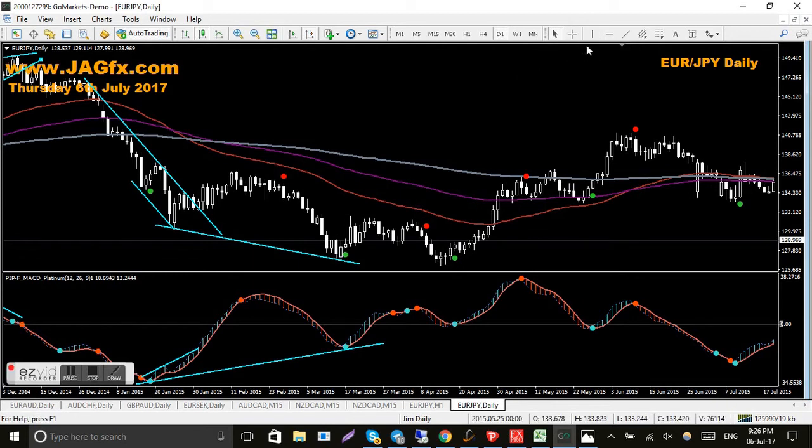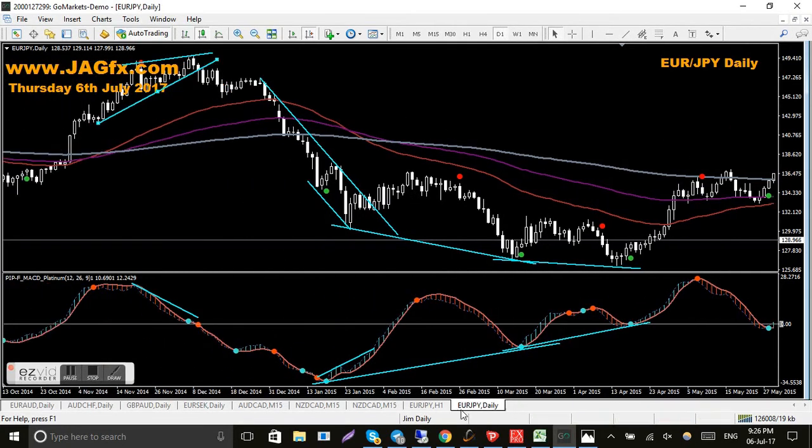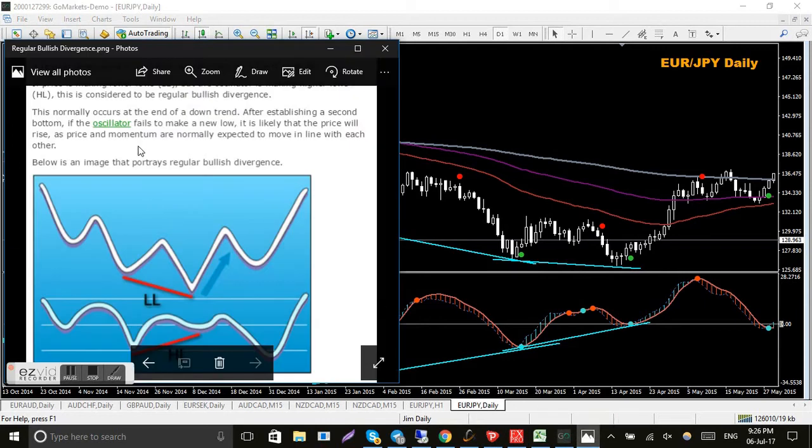So here we are, look at this, here's a low here, and we've got a lower low on price, and again exactly the same divergence. Have a look at the picture. Regular bullish divergence. Lower lows on price here and here, and the MACD's going up.